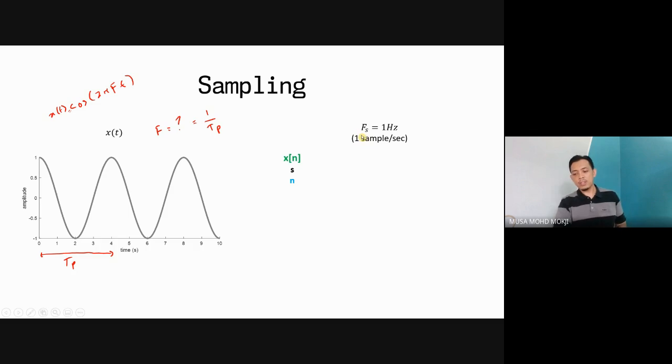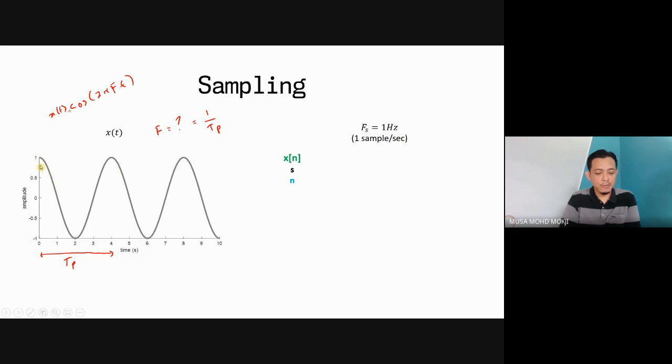When we do this, let's say we have fs equals 1 hertz. So what does this mean? It means that you want to have 1 sample every second. For an analog signal, how many samples do we have?